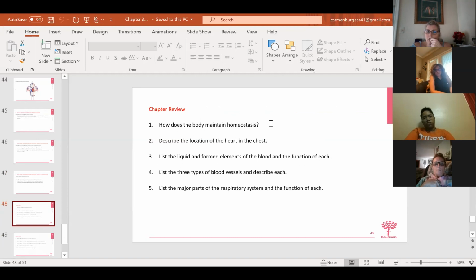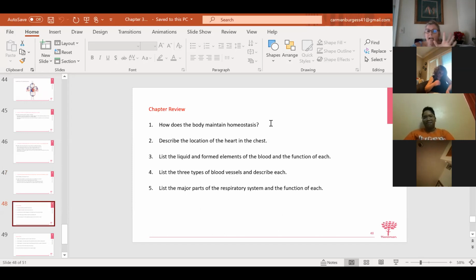How about the location of the heart? Where does the heart lie? What cavity is it in? The thoracic cavity. And it sits between the right and left lungs.